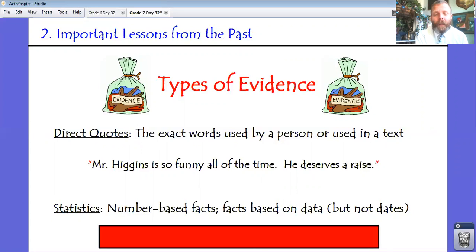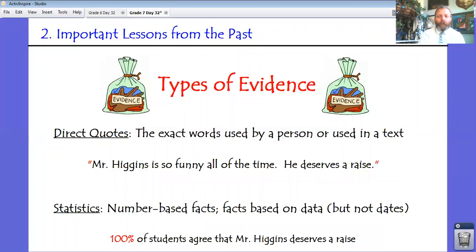Saying something like this, however, 100% of students agree that Mr. Higgins deserves a raise, that would be a statistic, and also a fact, I hope. On today's assignment, you are going to be expected to use different types of evidence, including statistics, and I just wanted to make sure that everyone knew what a statistic was. So this was here to jog your memory.